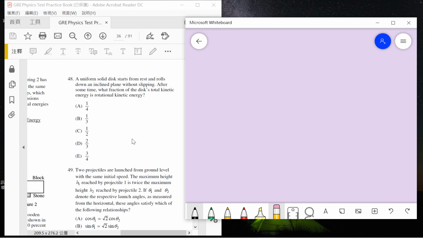Okay, so you have a disk. From here, your velocity is radius times omega, and this is the first equation.